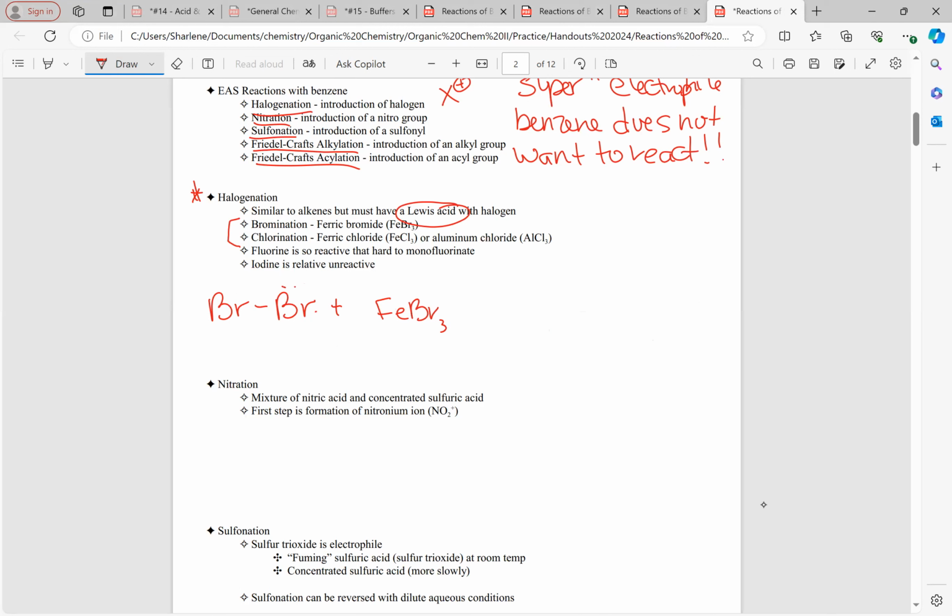All right, the lone pairs actually go into the atomic orbital of the iron, and we have created, okay, so I showed you this before, but this one is now positive, this one is now negative, and this is what the benzene sees. So the E, the benzene is truly seeing, is this.